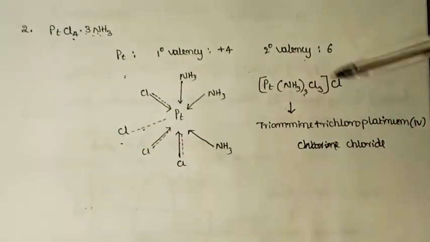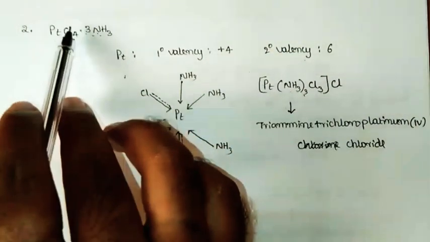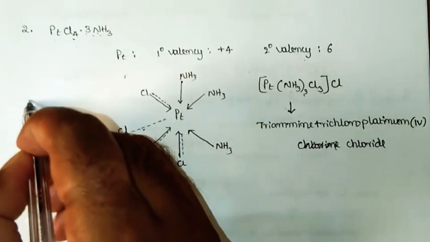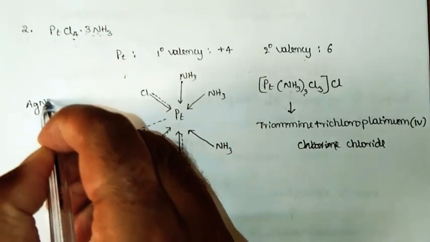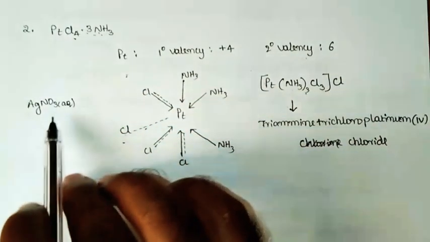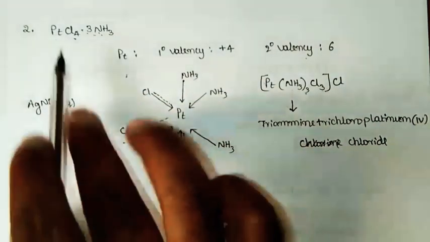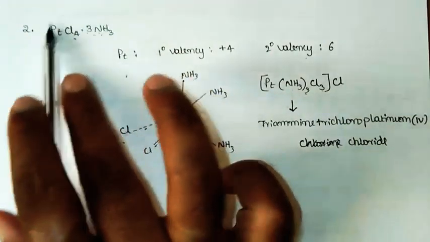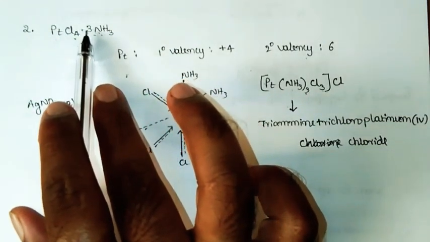And here you can see once again the same condition. When this particular compound is treated with aqueous solution of AgNO3, the question is, how many moles of AgCl precipitate will be formed? In order to say that, by considering this constitutional formula, it is not possible to say.